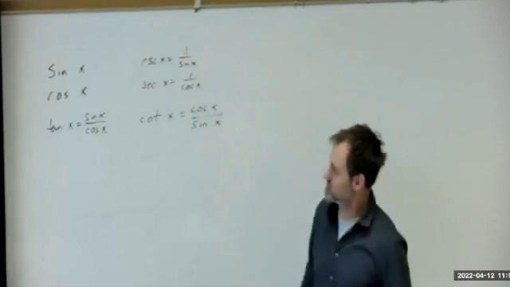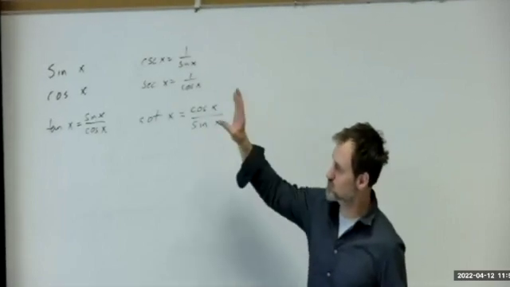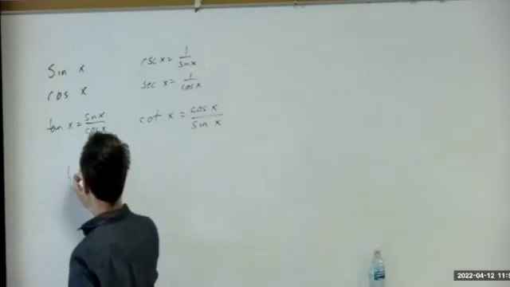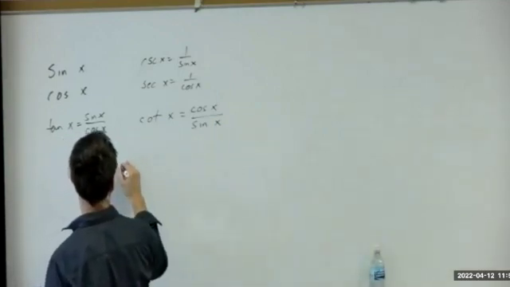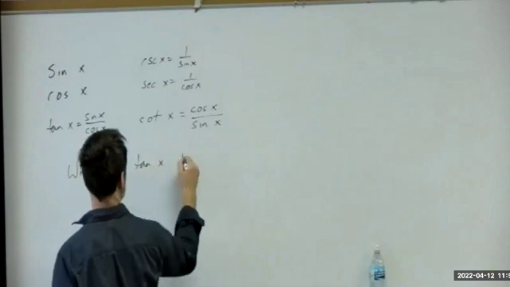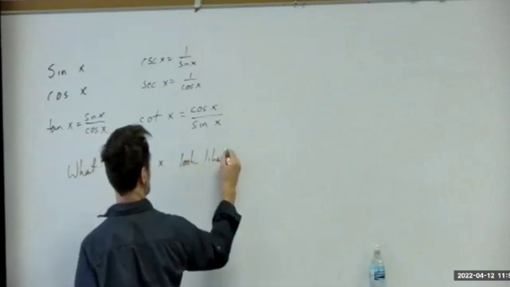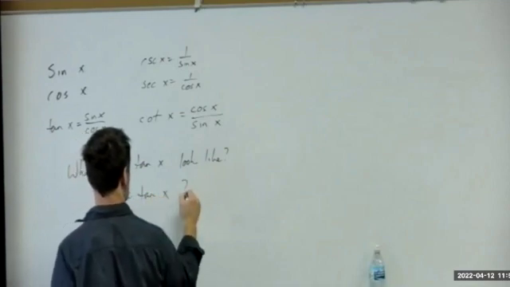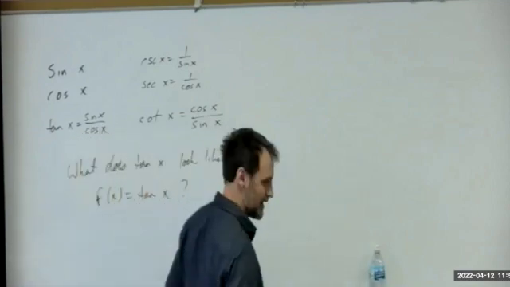I don't know that the visualization here is as important to me as the sinusoidal stuff is, but for instance, what does tan x look like? In other words, f of x equals tan x. How does this show up?